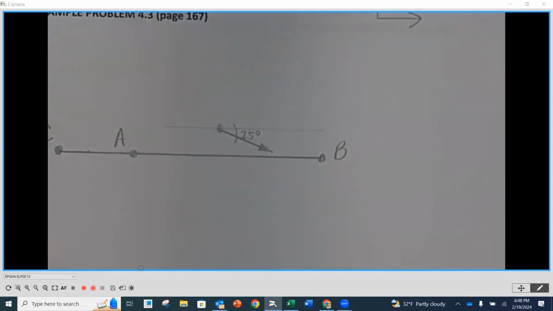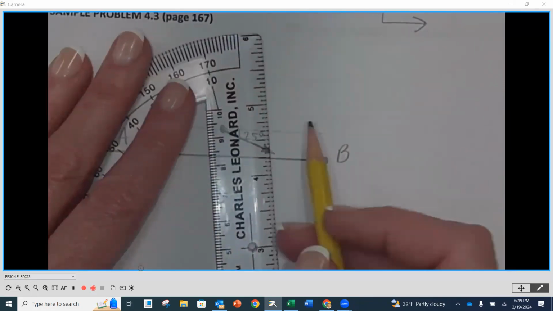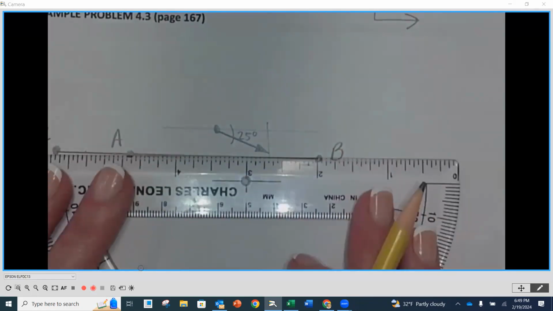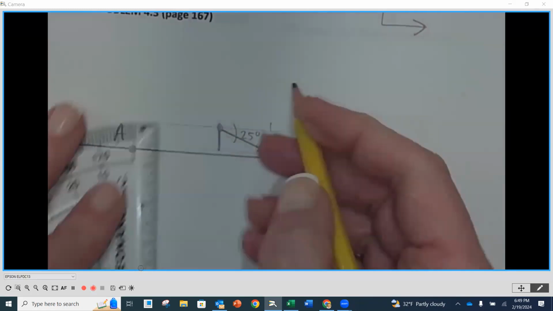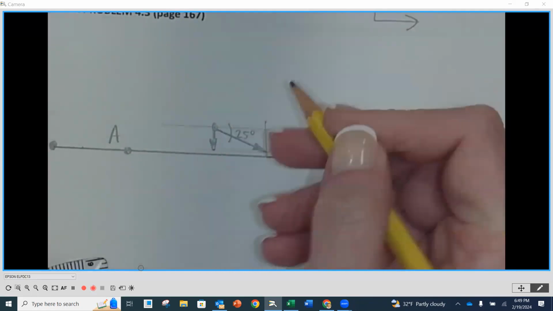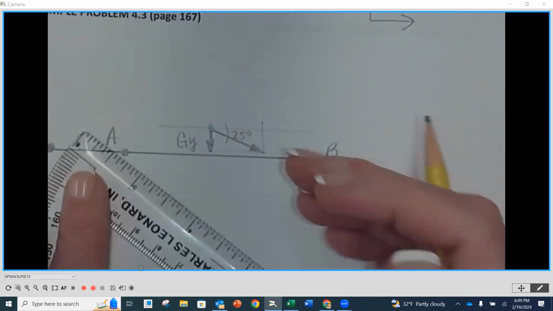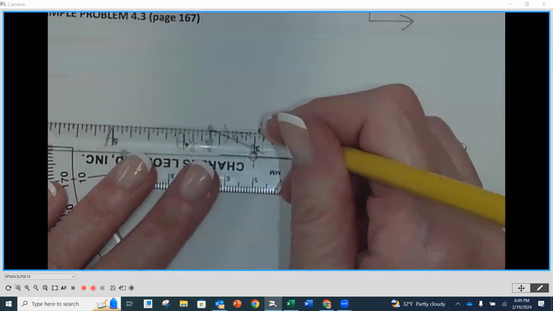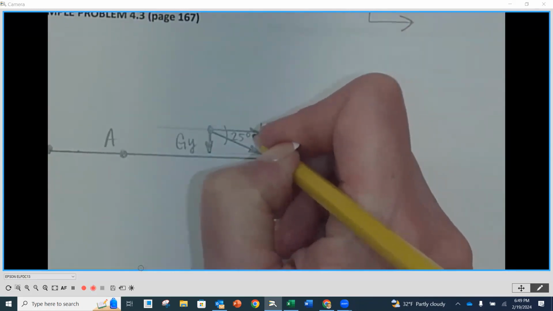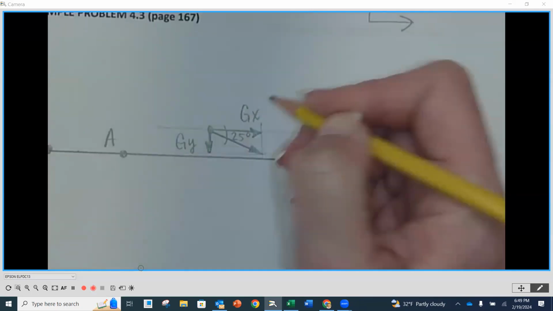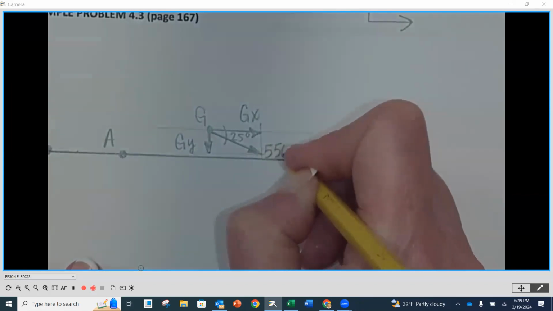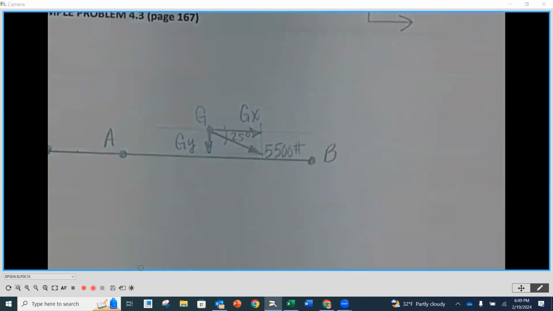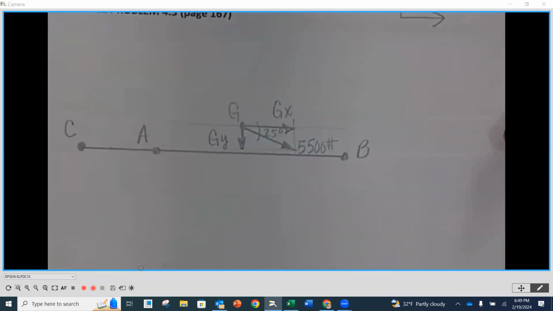Make sense? Now, because that's not on the X or Y, what do we get to do? We get to do the components. So here is our Y, this is going to be GY, and our GX is going to be here. And then our G, point G, is going to be 5,500 pounds. Then we'll add a couple dimensions yet.